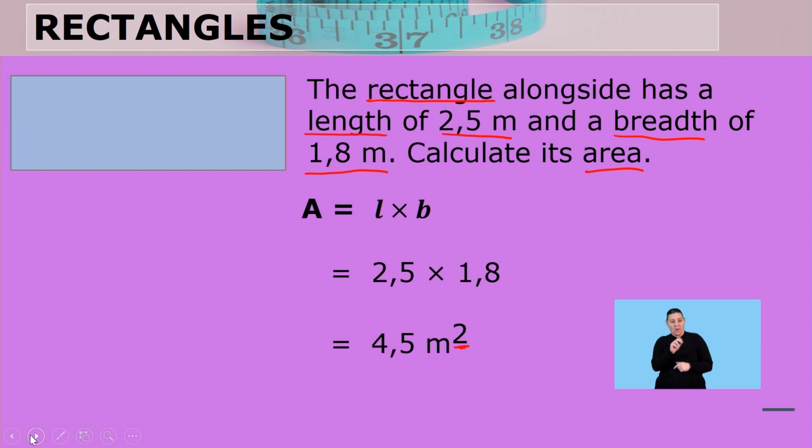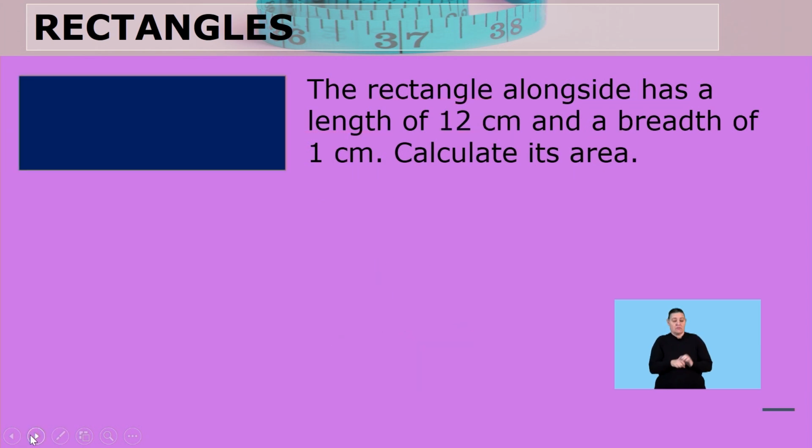So if we look at the next example, the rectangle alongside has a length of 12 centimeters and a breadth of 1 centimeter. All right, calculate its area now. The area of a rectangle is length times breadth.